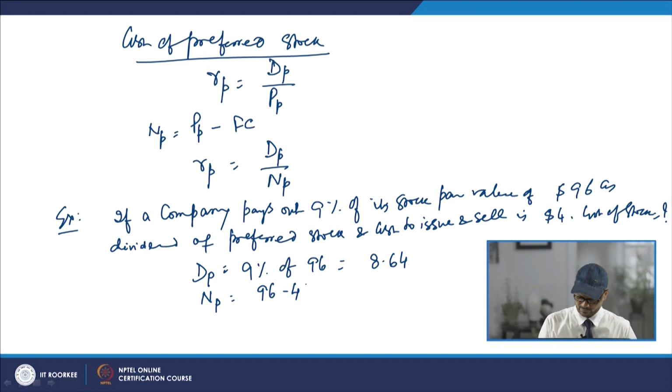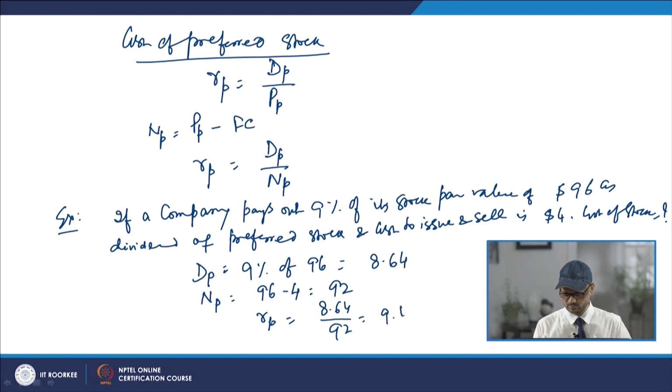So it comes to 92. The rate of return for the preferred stock will be DP by NP, so 8.64 by 92, which comes to 9.4%. That is the rate of return for the preferred stock, and that is how you calculate it.